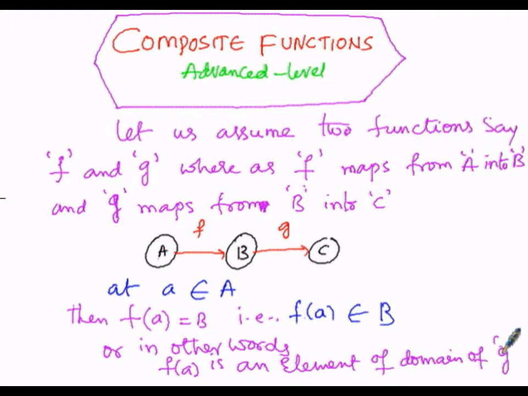So here we assume three sets, that is A, B and C. In set A we assume one element a, which belongs to this particular set A. So f(a) is equal to b, the image of this a, which belongs to the first set, will be in B, that is f(a) belongs to this particular set B. But function g is from B to C. The elements present in set B are the domain elements of g. So therefore f(a) will be an element of the domain of the function g.